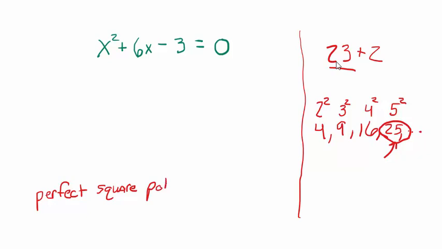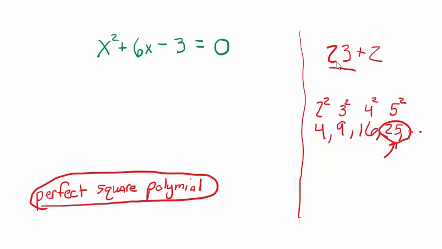And remember what a polynomial is. A polynomial is just an algebraic expression which has terms separated by addition and subtraction. So the x squared plus 6x minus 3 up here is a polynomial. So to relate it back to over here, a perfect square is a number that can be represented as some number squared.